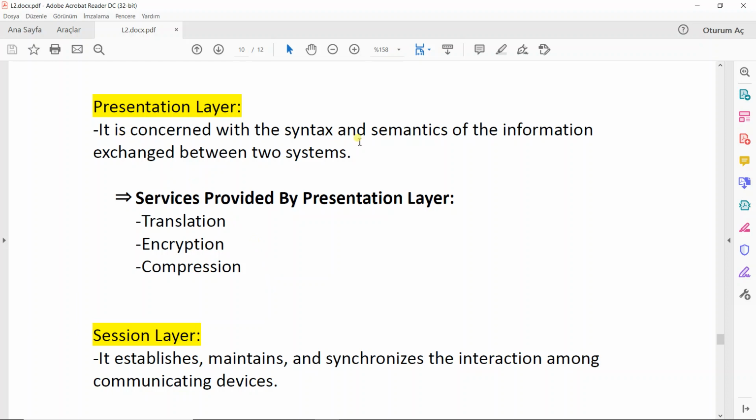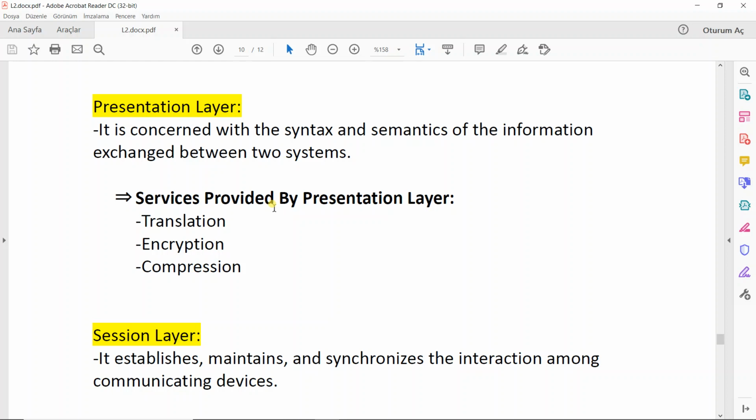The presentation layer, what does it do? It's concerned with the syntax and semantics of the information exchanged between 2 systems. Give me examples of services happening at this layer. Anything related to translation, encryption, compression is presentation layer.